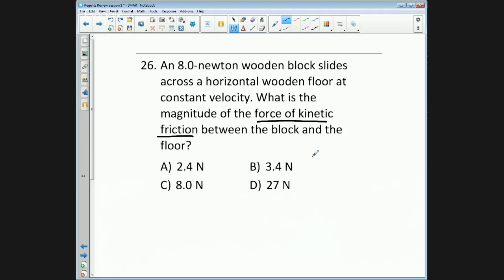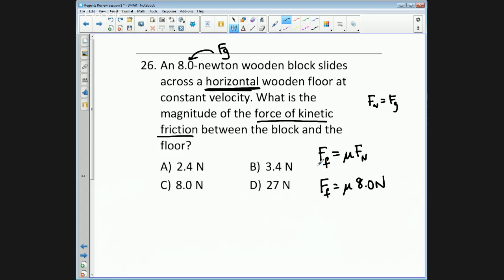The force of friction is given by mu, the coefficient of friction, times the normal force. Because the object is on a horizontal surface, the normal force equals the force of gravity, which is 8 newtons. So the friction force is going to be mu times 8 newtons.